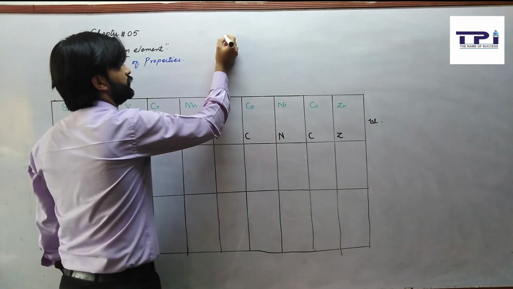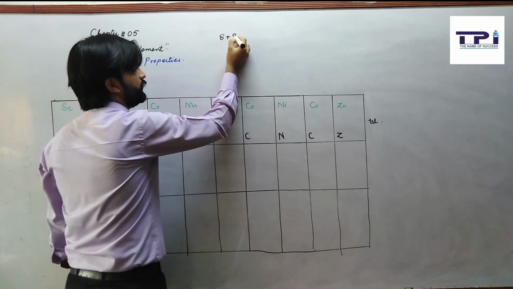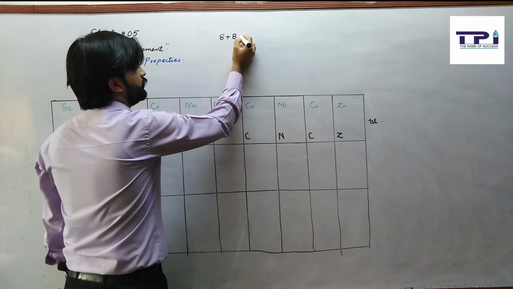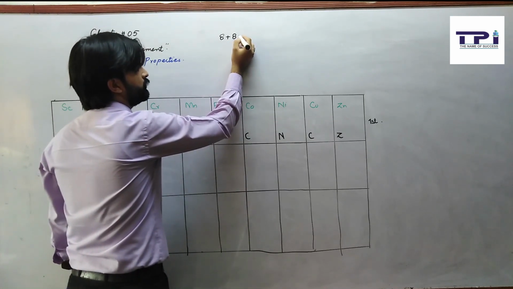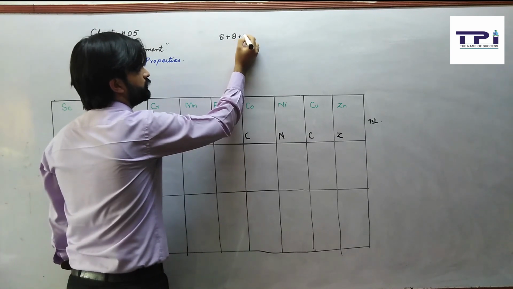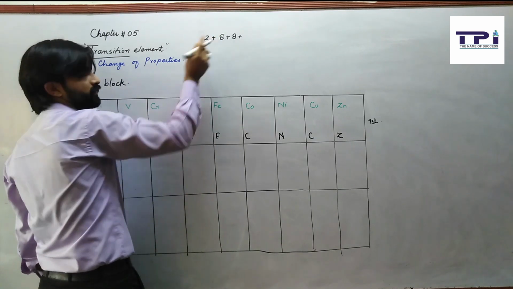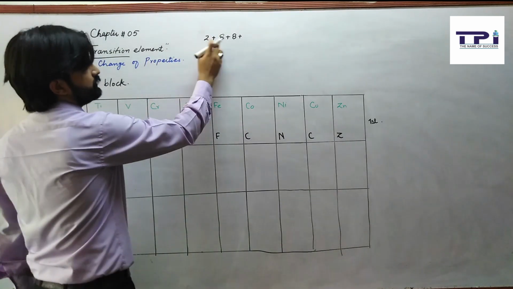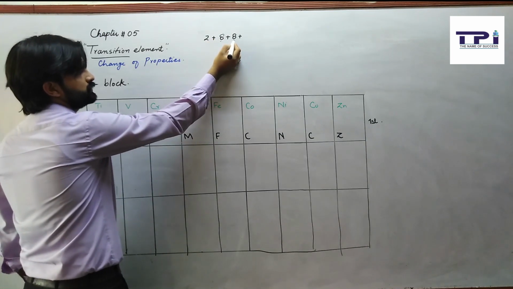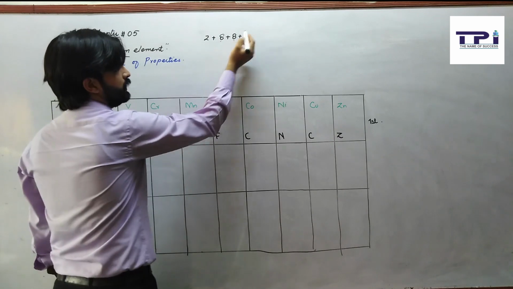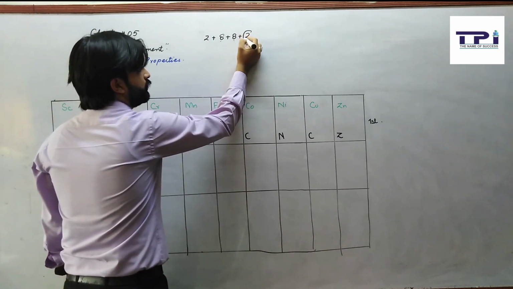In the first period you have a total of 2 elements, in the second period 8 elements, 2 plus 8, 10, 8 plus 2, 10 plus 8, 18, 18 plus 2, you are going to have 20.